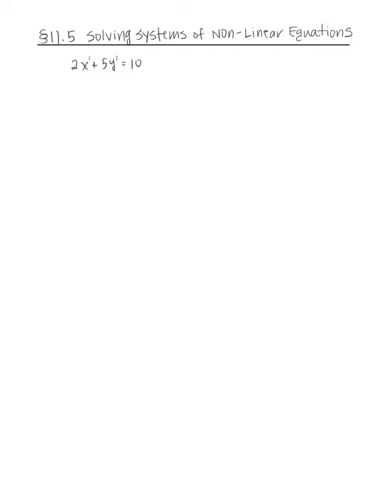Whereas a nonlinear equation will look something like this: maybe 3x squared plus 5y equals 7. In this case, notice that the exponent is no longer 1, so that makes it nonlinear. Let me just spell that out. This is an example of a linear equation, and this one is nonlinear.